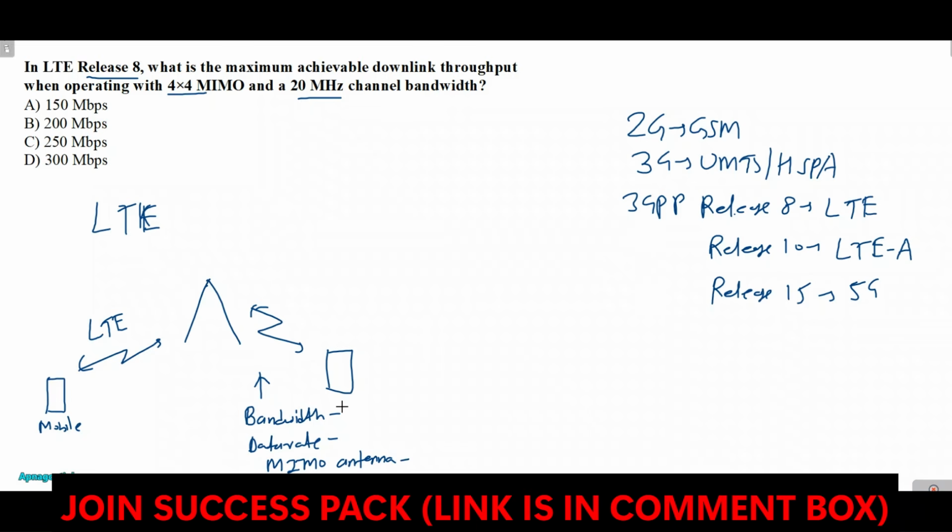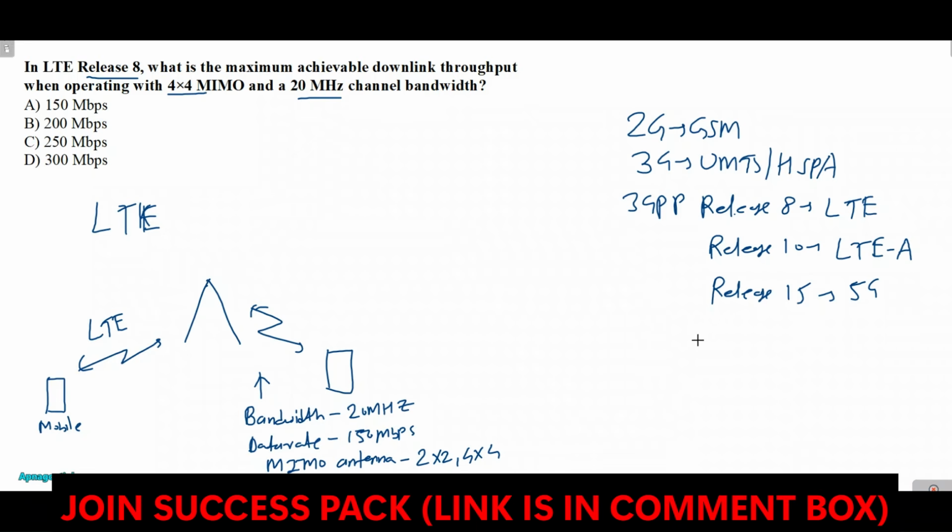For release 8 LTE, the bandwidth is 20 megahertz, which means very high bandwidth with very high data transfer. The data rate is 150 Mbps, very high speed. That's why we get very high speed in 4G LTE. MIMO supports 2x2 and up to a maximum of 4x4.